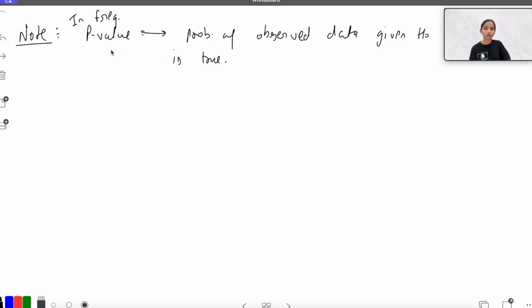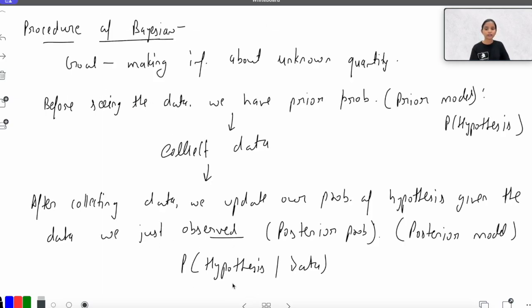So in the p-value, we calculate the probability of data given H0 is true. But here we are calculating the probability of the hypothesis given the data. So don't get confused between these two terms. They are two different probabilities.